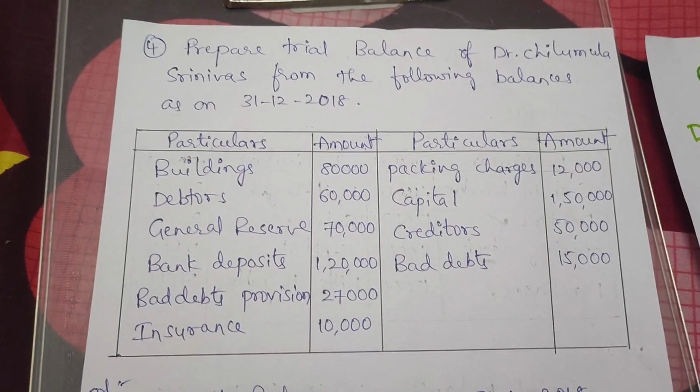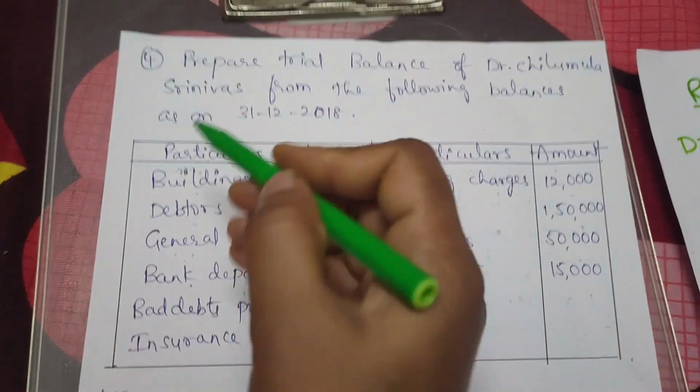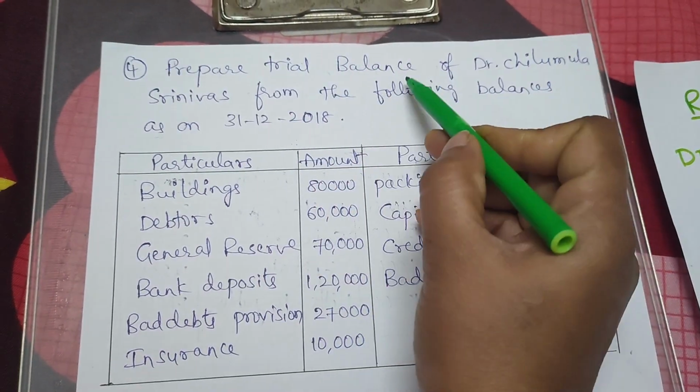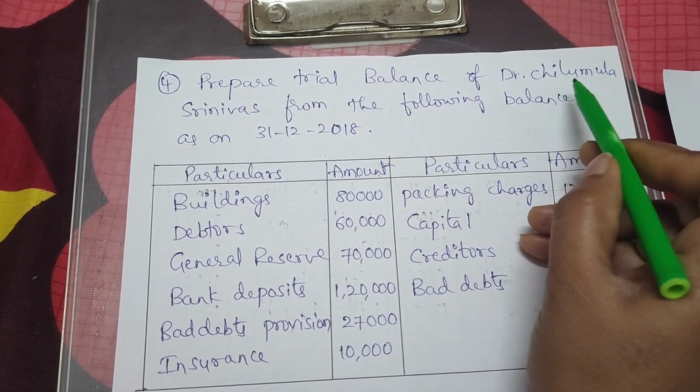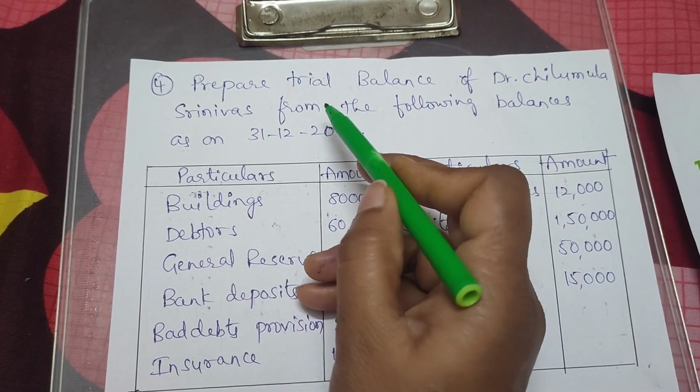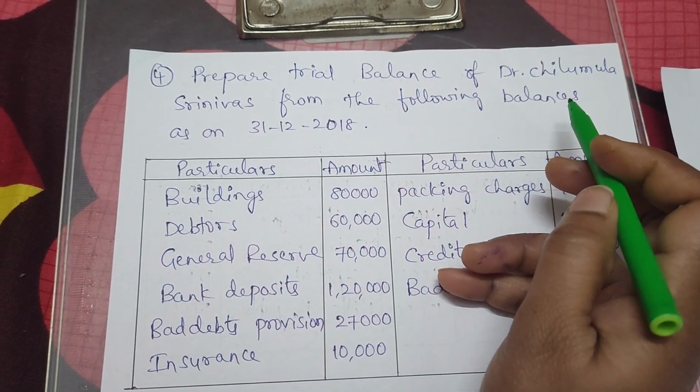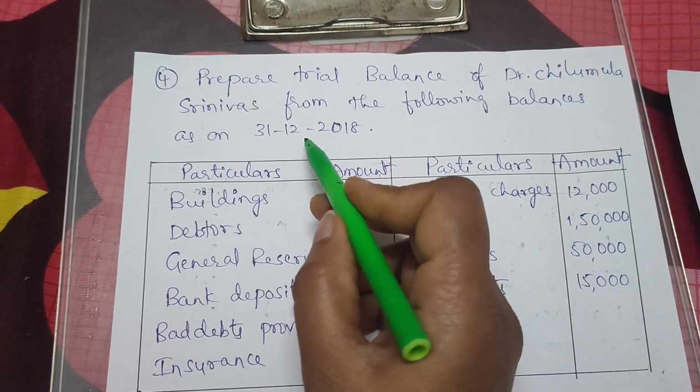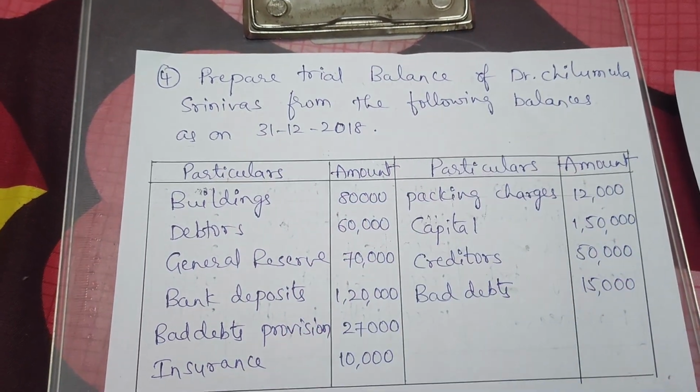This is the fourth question. Here you can see: prepare trial balance of Dr. Chilumula Srinivas from the following balances as on 31st December 2018.